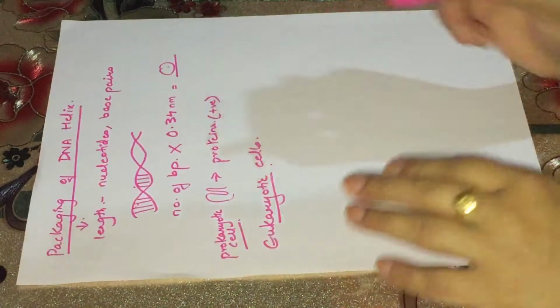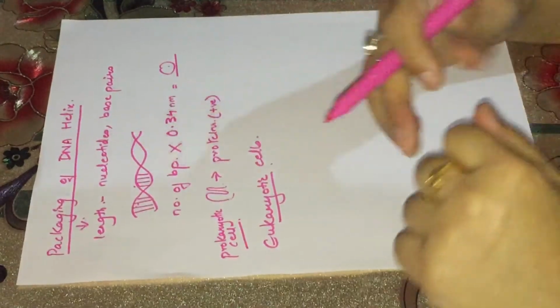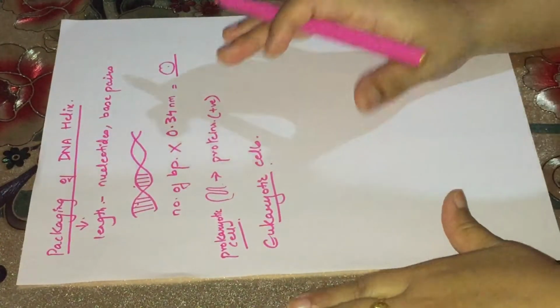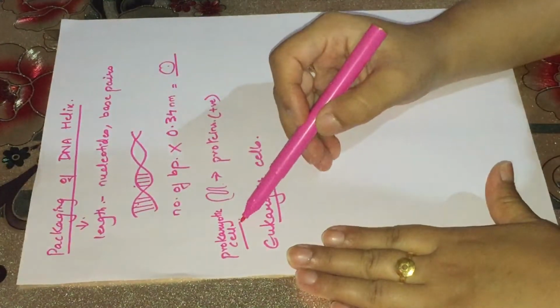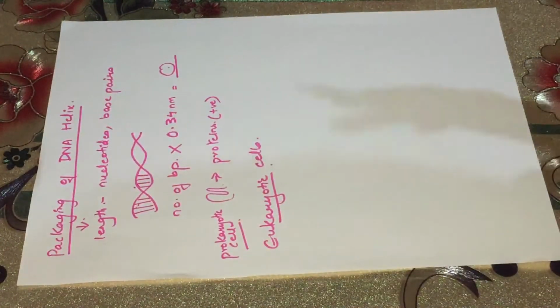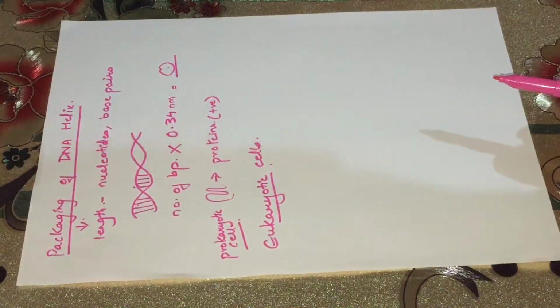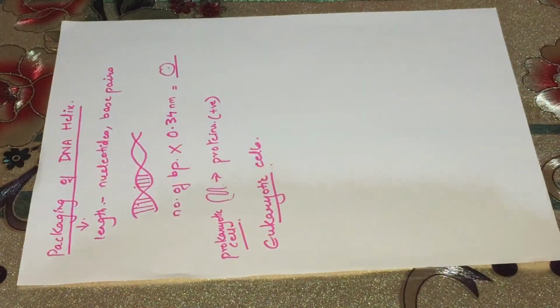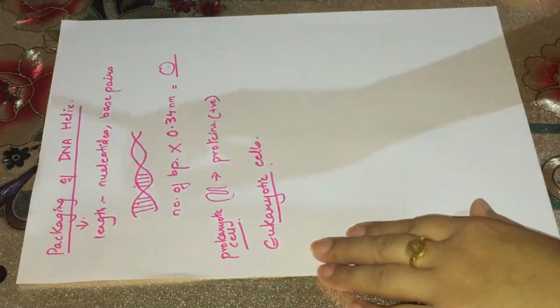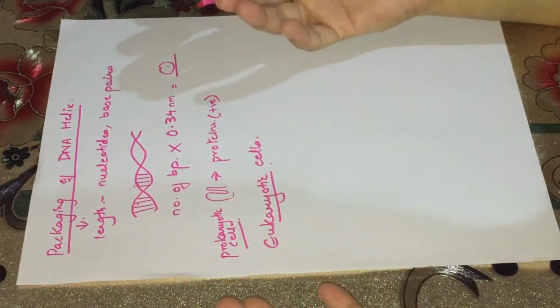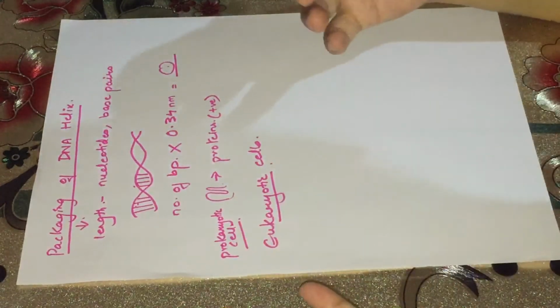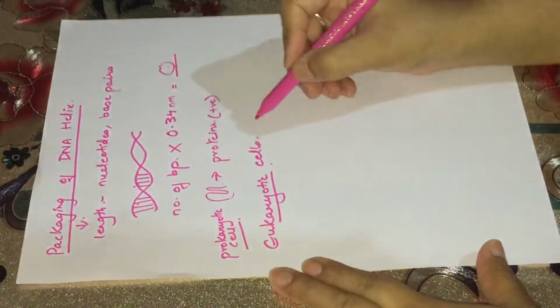Now talking about eukaryotic cells. The majority of species are eukaryotic, because we have already discussed in the previous video that prokaryotic cells are present in bacteria only. In eukaryotic cells, all the organelles as well as the cell itself are properly bounded by a membrane.